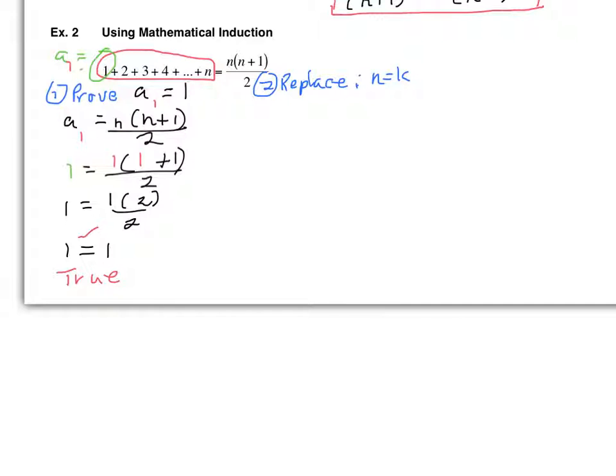So take the original sequence. In this case, we have 1 plus 2 plus 3 plus 4 plus ... plus, instead of n, we're putting in a k, equals k times k plus 1, all over 2.